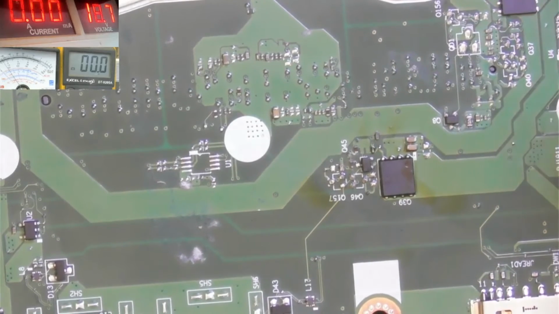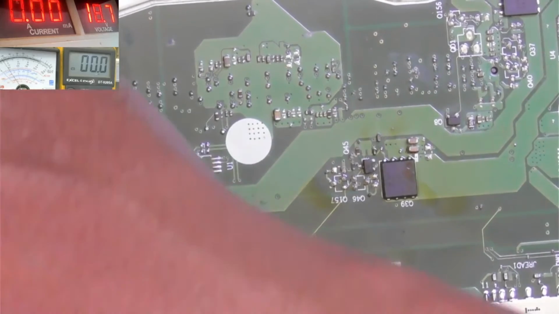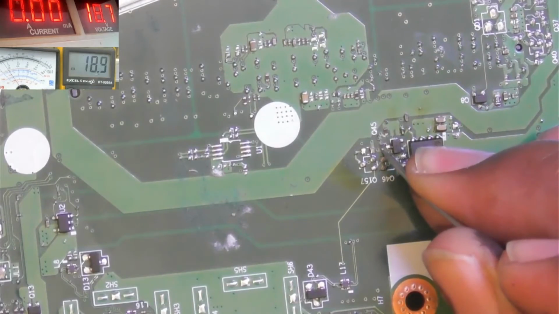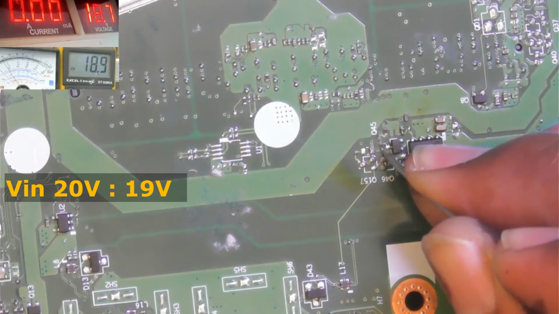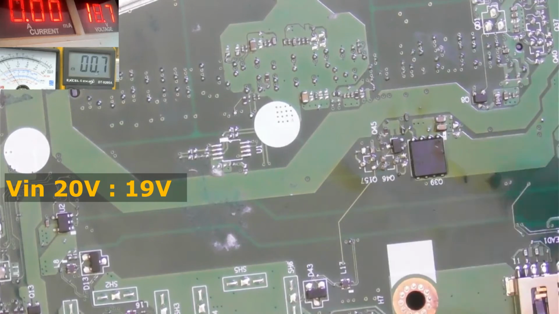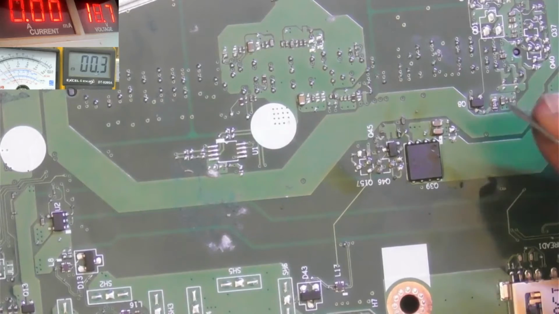Okay, let's check again the voltage 1.8. This is from the V-in plus 12, 18.9, 19 volt in the normal condition.